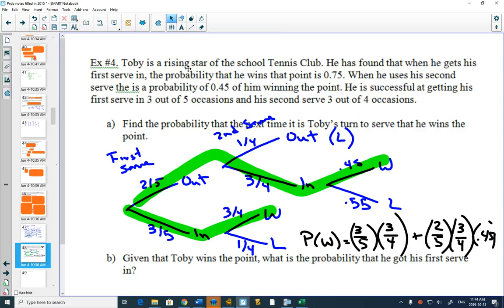So here, just analyzing the situation and creating your tree diagram, that's the hard part.